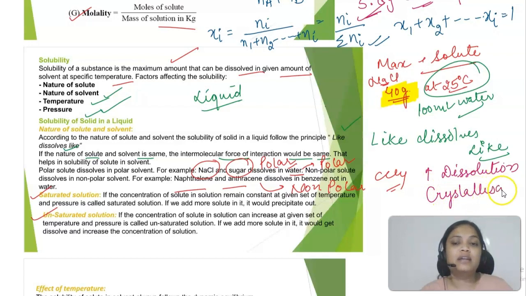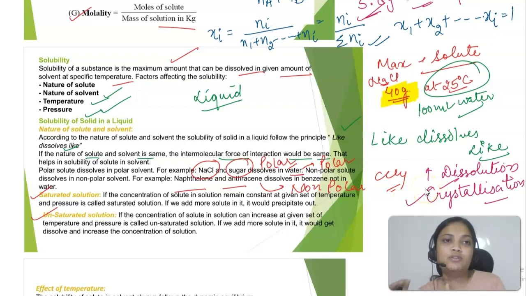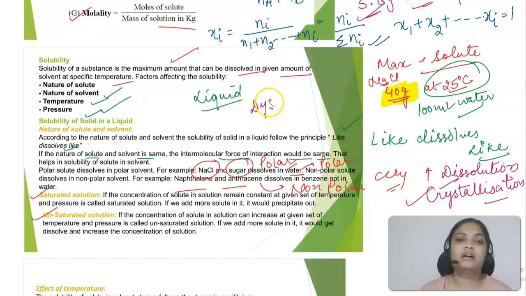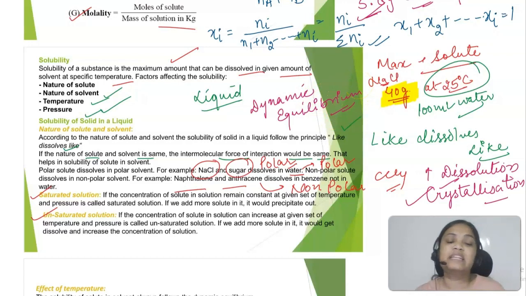There is a time when these two processes happen at an equal rate, which means the rate of dissolution is equal to the rate of crystallization. So the amount of solute going into the solution and coming out of the solution is equal. At that time, the system exists in a dynamic equilibrium. And when that equilibrium is disturbed, the solubility increases or decreases.